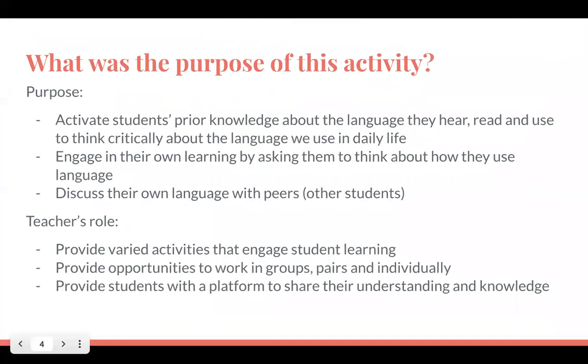So what was the purpose of this activity? Well, at the beginning of class, it's good to activate the students' prior knowledge about the language they had heard, read, and used, to think critically about the language we use in daily life, right?